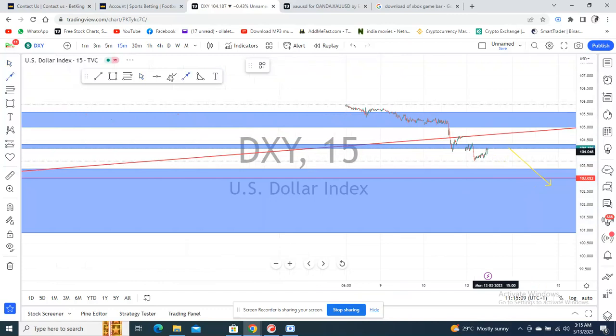What is the possibility? This is the possibility now. In as much as we have that gap, they must fill the gap. If they didn't fill it today, they might fill it later. And how the gap is going to be filled, they might decide to bring the price around this level like this, then drop down.